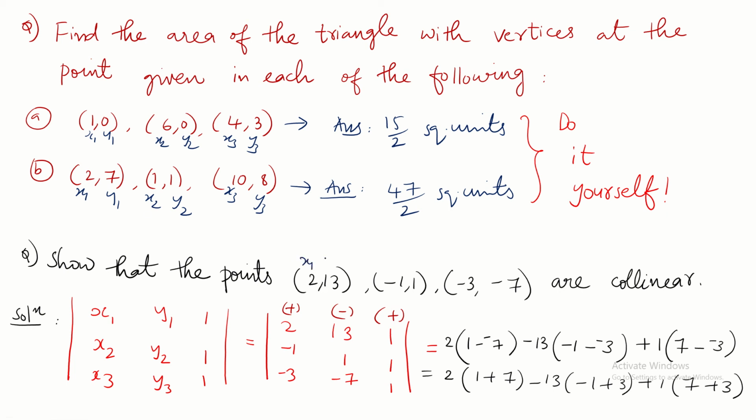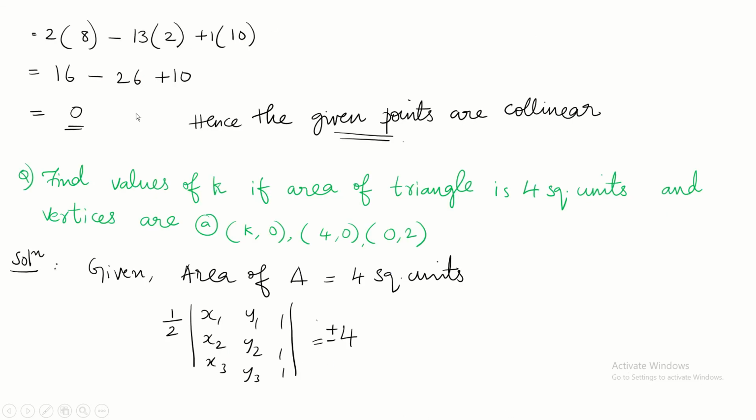So here x1, y1, x2, y2, x3, y3. I'll write the points with plus, minus, plus. You have to do it like how you find the determinant value of a 3 by 3 matrix, ignoring this row and this column, and working with the remaining 4 numbers, and then you get the answer.